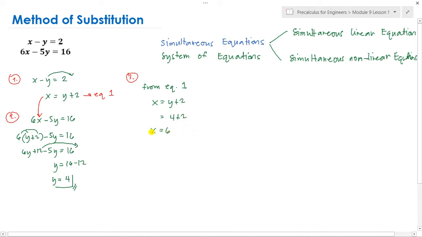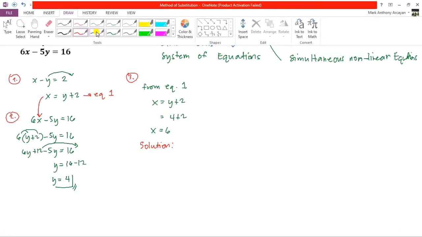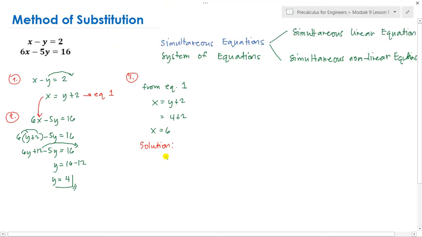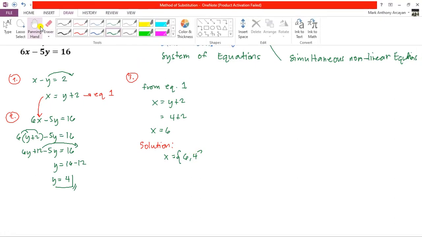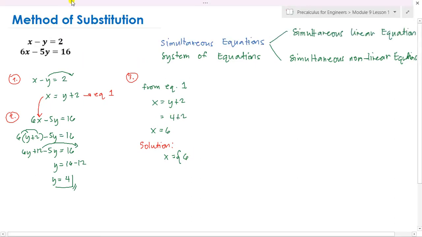So therefore, we have a solution na. This solution would be the values of our unknown variables, katong x and y. So our solution in terms of a set or solution set is (6, 4). That is 6 for x, because that is for x pala. So x is 6.